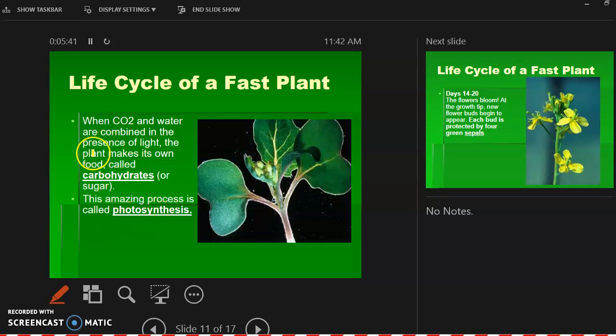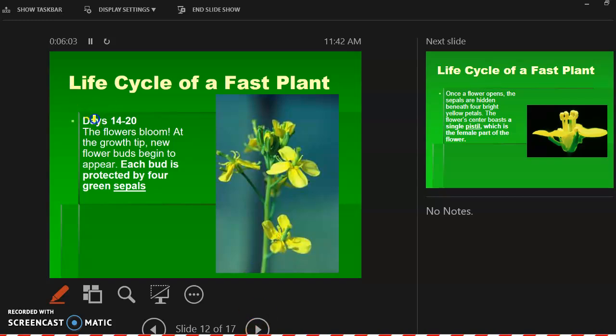This process is called photosynthesis. So the way you can write this is photosynthesis equals plant makes its own food called carbohydrates.